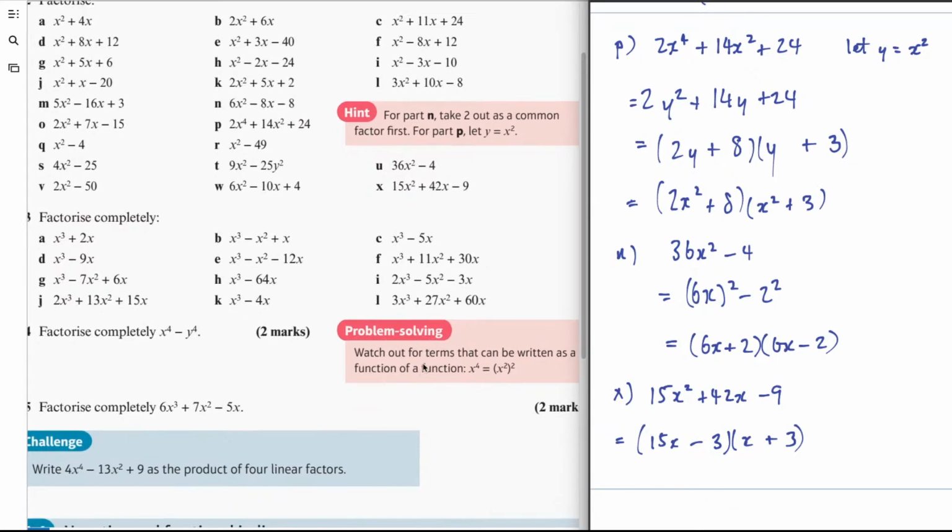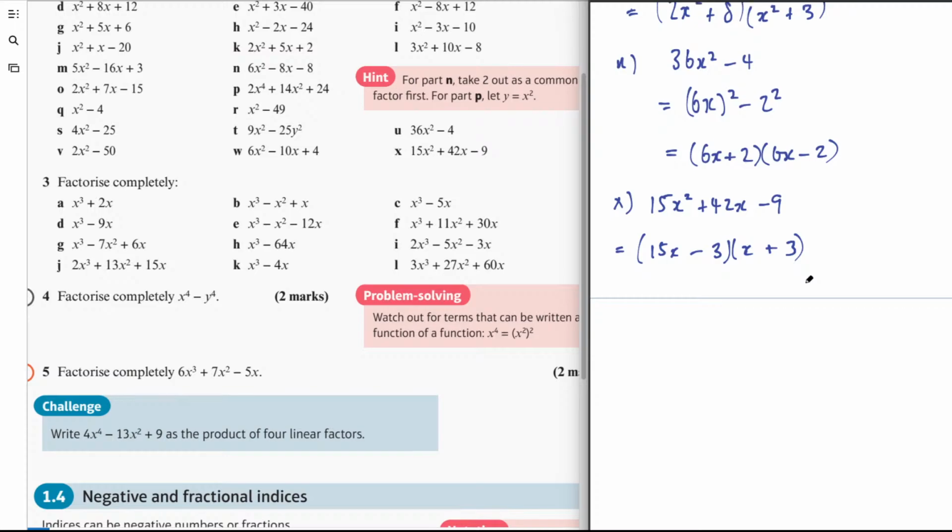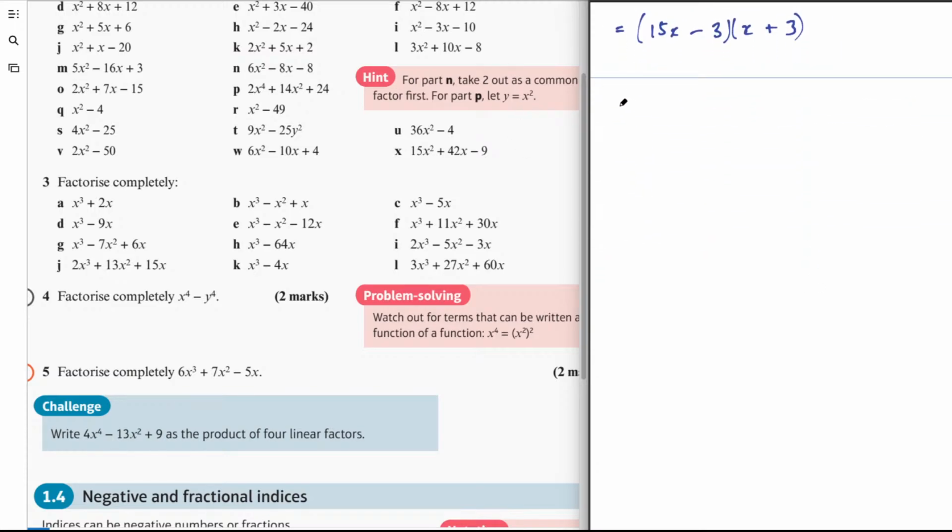Okay, on to exercise 3. Factorize completely. I believe for these we're just taking out the common factors.